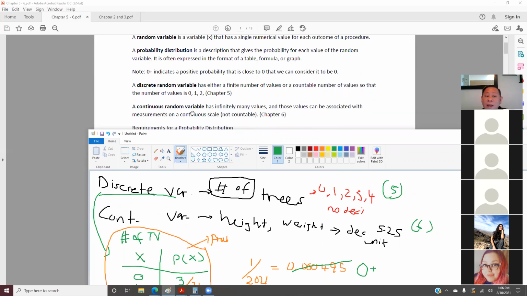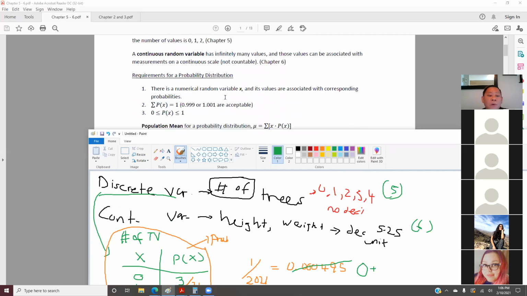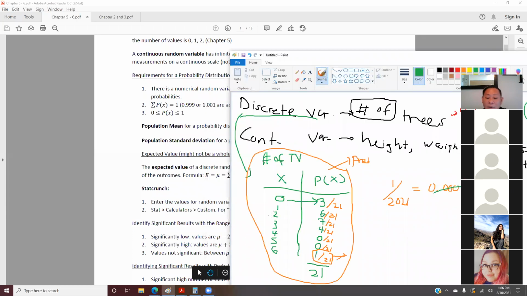So we talk about discrete and continuous, like what we just mentioned. Discrete is a count, continuous is height and weight with decimals. What is the requirement for probability distribution? The first requirement is every x number you give me has to correspond with its probability. Every x here has its own probability. You cannot have one that is 7 and you don't have its probability.